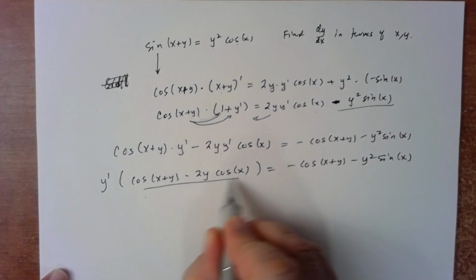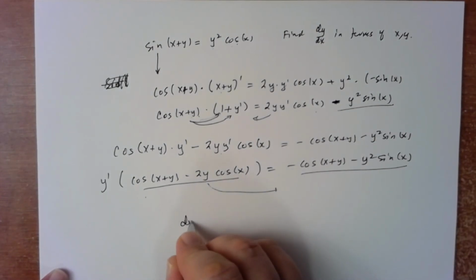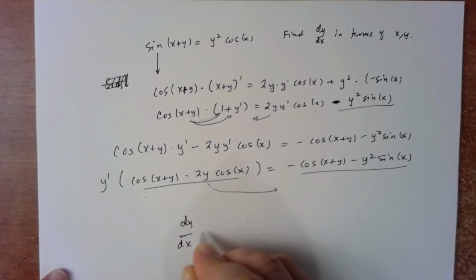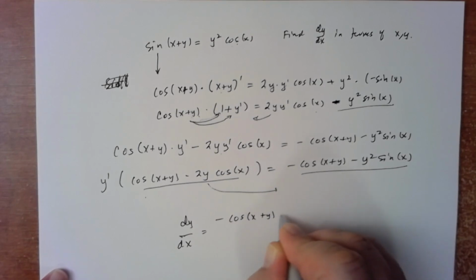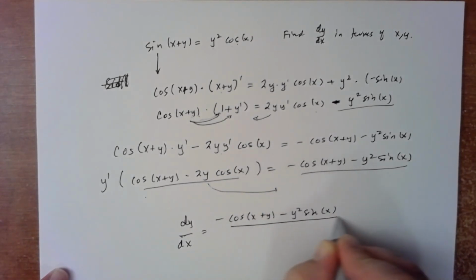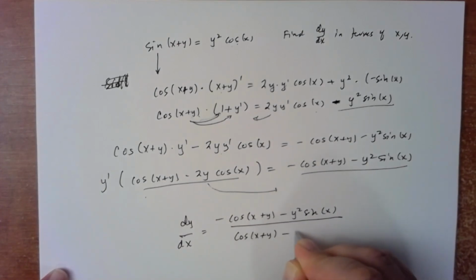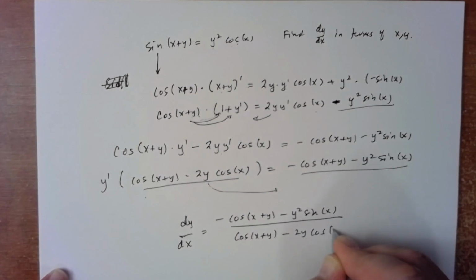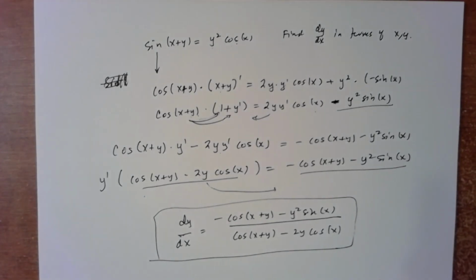And now I just divide by this, and I get my dy over dx. dy over dx is equal to this big expression, cosine of x plus y minus y squared sine of x, divided by cosine of x plus y minus 2y cosine of x. Good. So there is our expression, our derivative in terms of x and y.